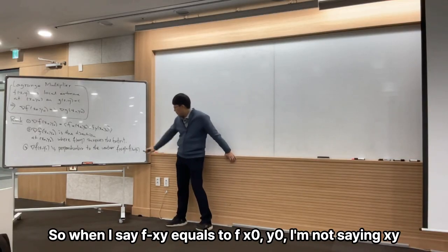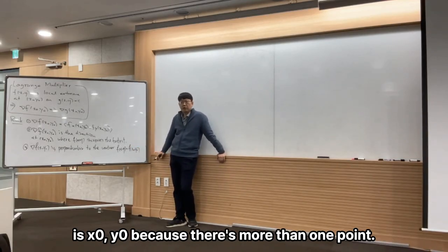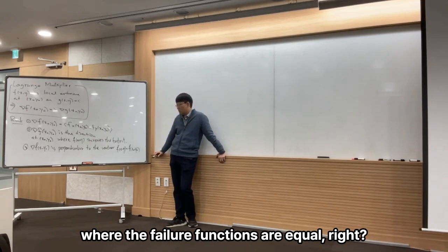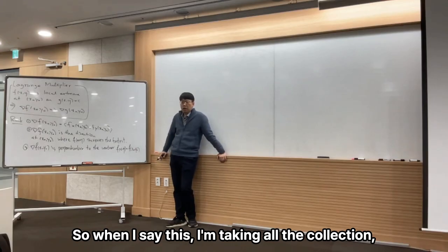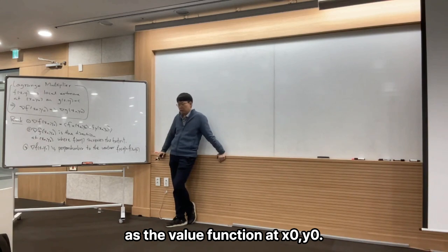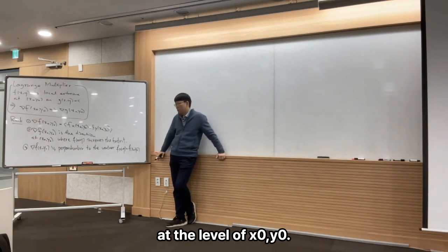When I write f(x, y) = f(x0, y0), I'm not saying (x, y) is (x0, y0), because there could be more than one point where the values of the function are equal. I'm taking the collection of all points (x, y) whose function value is the same as the value at (x0, y0). Basically, it's the contour line at the level of (x0, y0).